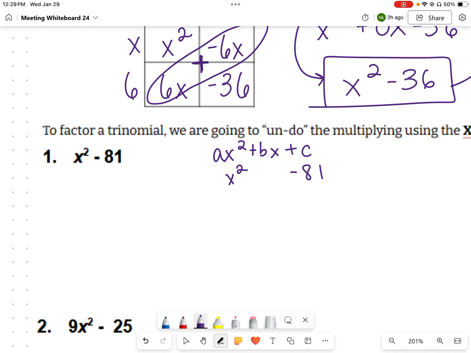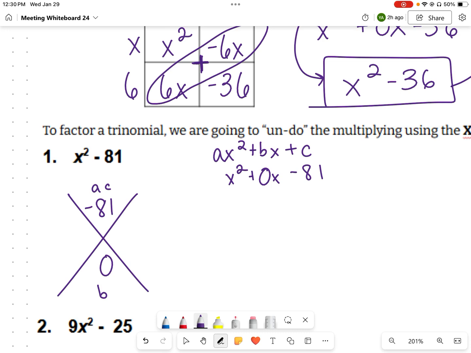So we have a 0x because the b would be 0. So when I use the x box, that's how I'm really looking at it. So let's do the x. Up top is always a times c. So that's 1 times a negative 81. So that's negative 81. And then our b goes on the bottom, which is 0.